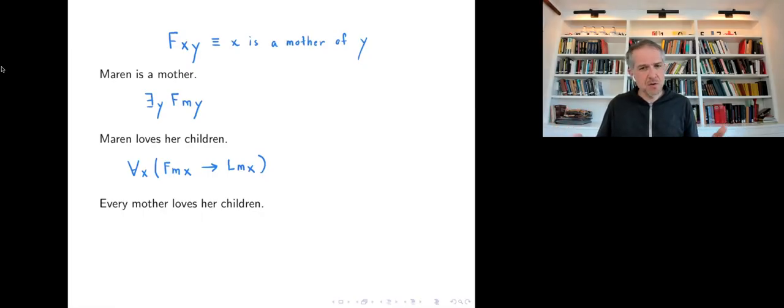In English, if you say Marin loves her children, you are implying that Marin has children. We could, of course, just add that: there is a Y such that Marin is the mother of Y, and anything that is the child of Marin is loved by Marin. So we could do that to capture the connotation in English. But let's go on to the next one.